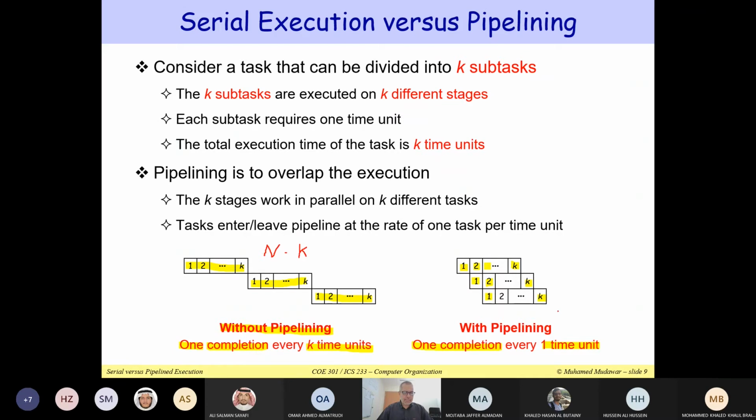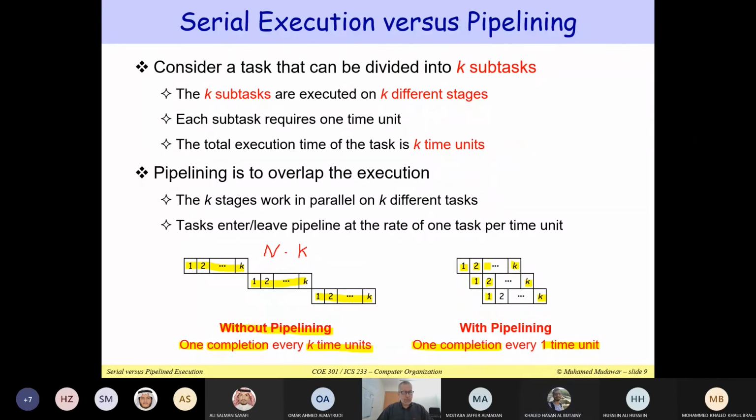Here, how many cycles? Let's count them properly. The first one will take k cycles to complete, but the second one will take how many cycles? If I finish here, so k to complete the first one, right?